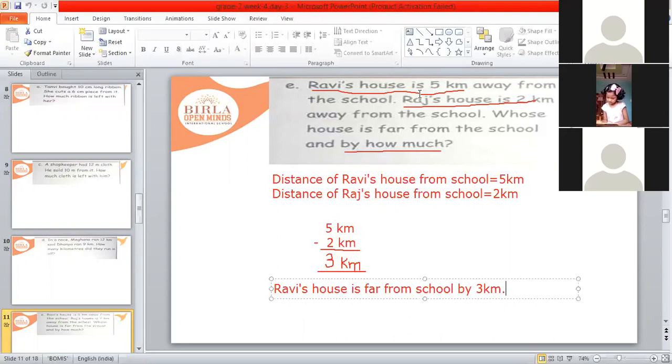Okay. Is there anyone who is still writing? Nobody used the raised hand option. Fine. So I'm clearing this now.